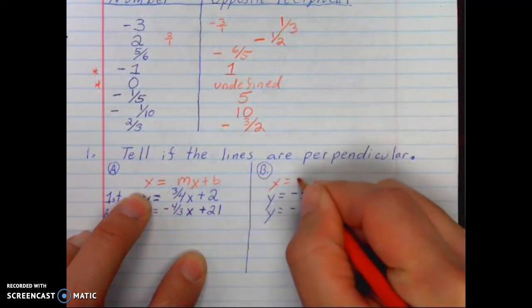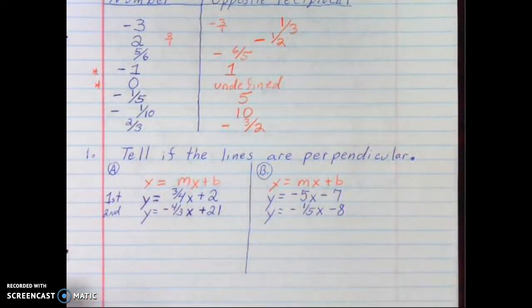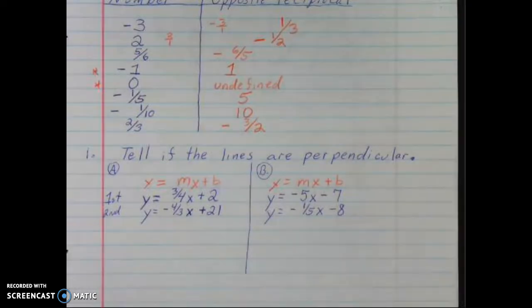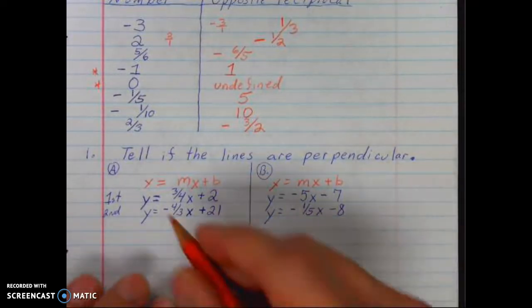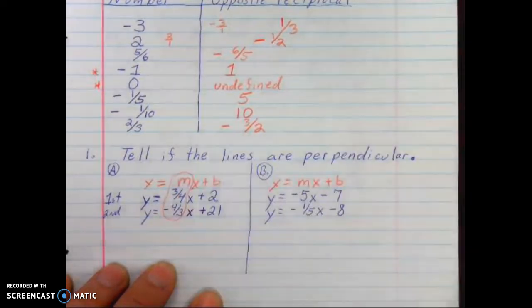y equals mx plus b. Then we know that the number in front of the x is the slope, right? So all we have to do is basically find out if these slopes are what we call opposite reciprocals. So let's take a look. So right here we have these 2 slopes.